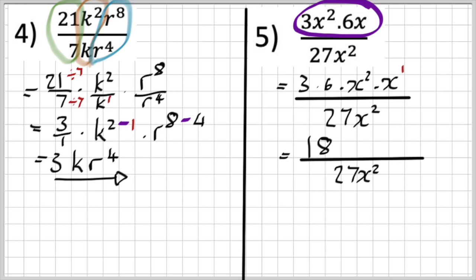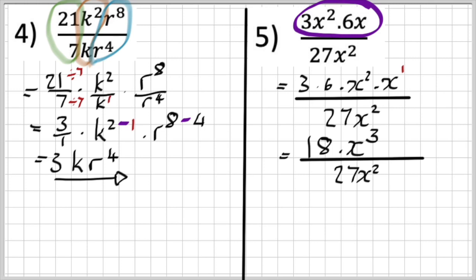And can I apply the first law at the x squared and the x? Yes, I can. It's multiplication and it's the same bases. So I'm going to add the exponent. So I am effectively sitting there at the top in the numerator with 18 x to the power of 3. Now I have to look at the second law.